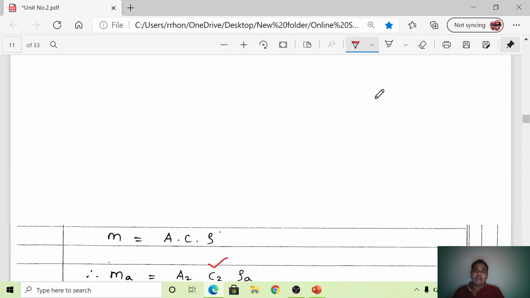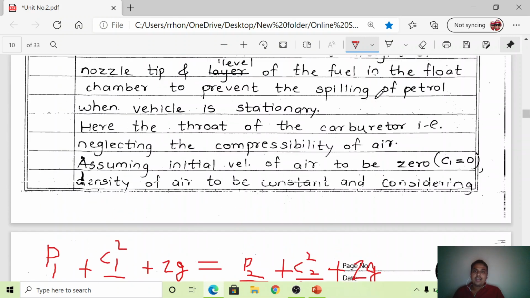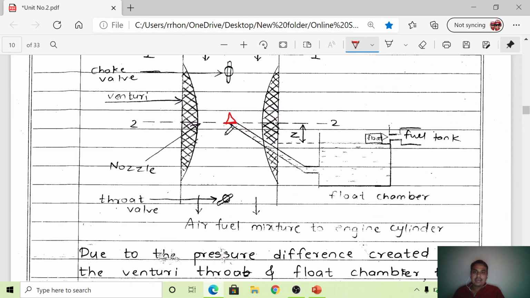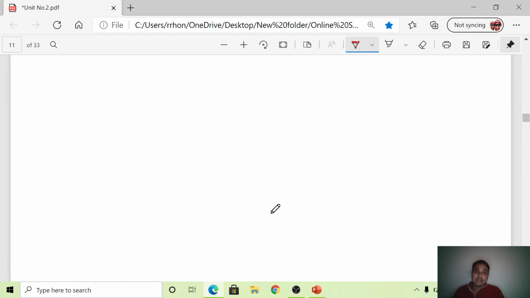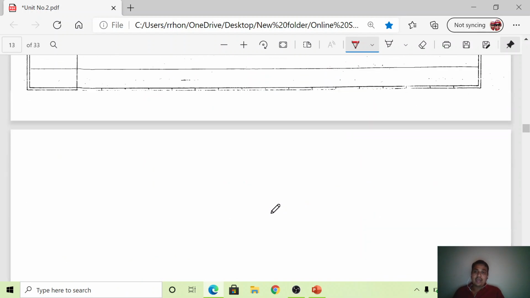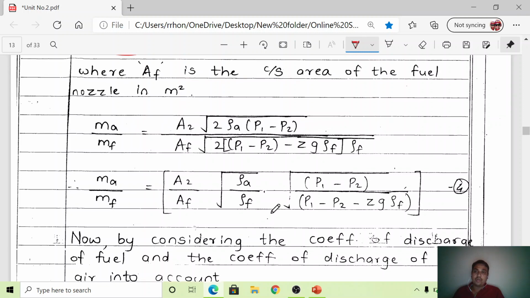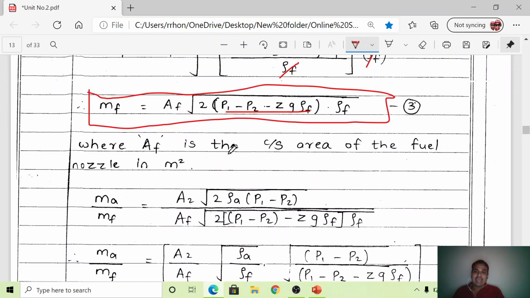So as we have considered in the case of fuel, the fuel jet is present inside the throat section, and AF is the area of this orifice. So generally in a numerical case we have to calculate the dimensions of the nozzle. That time we have to calculate these things. So similarly now with the help of equations 1, 2, 3 we can calculate the AF also, and AF is the cross sectional area of the fuel nozzle in meter square.